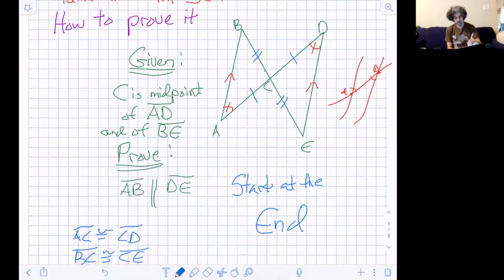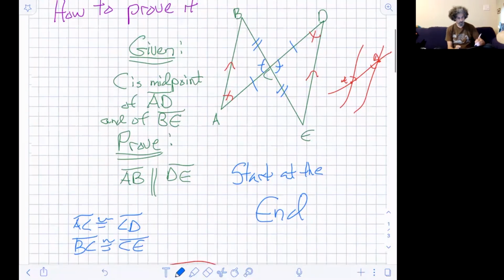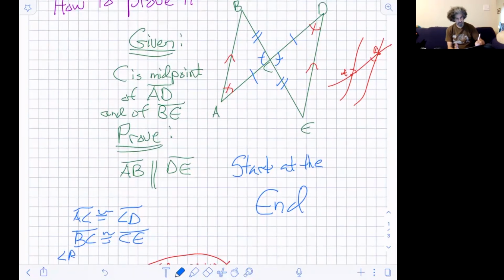That's something we can easily get. It wasn't part of the givens, but those are vertical angles. So we'll call one of them angle BCE, and it's congruent to angle DCE by vertical angles. So we've got a complete path to the proof.